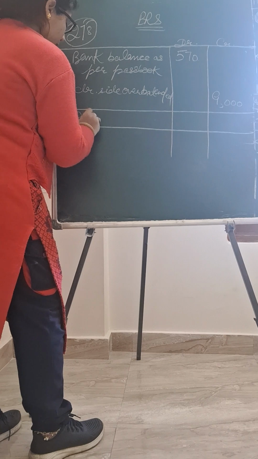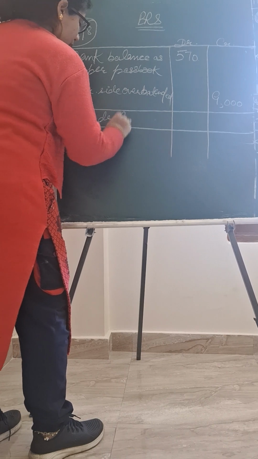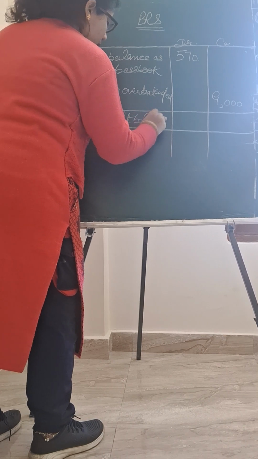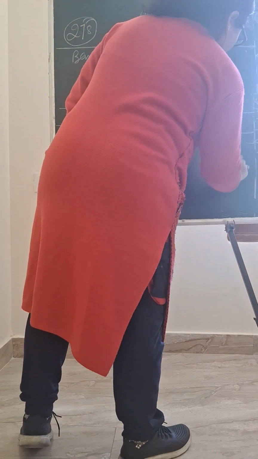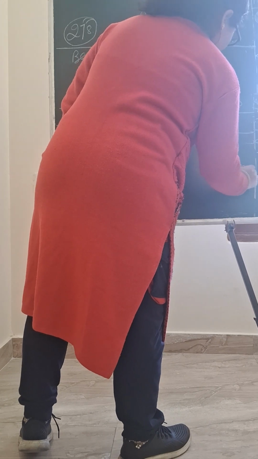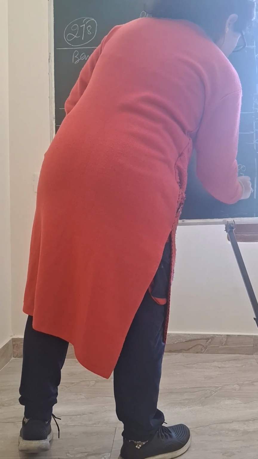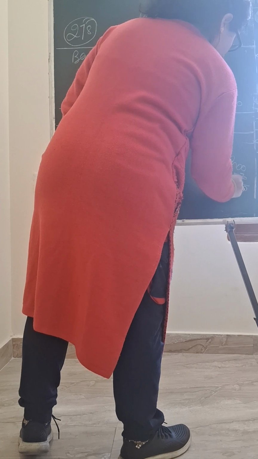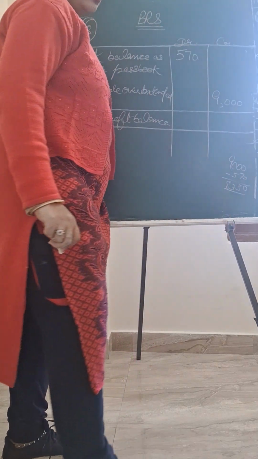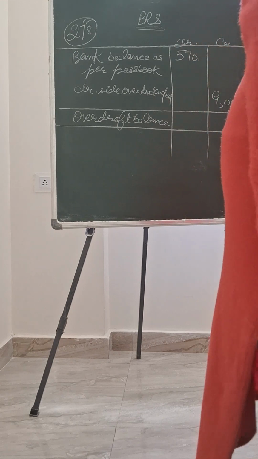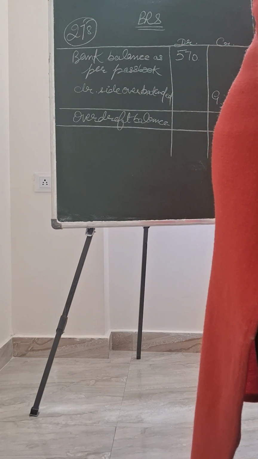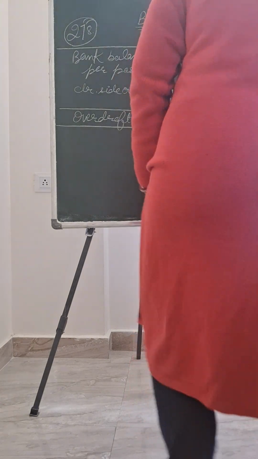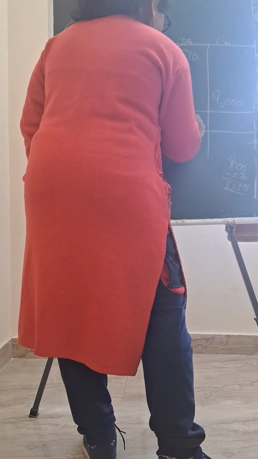How much? We will do the calculation. 9,000 minus 570 is 8,330. 8,330 is the overdraft balance. This is very much clear.